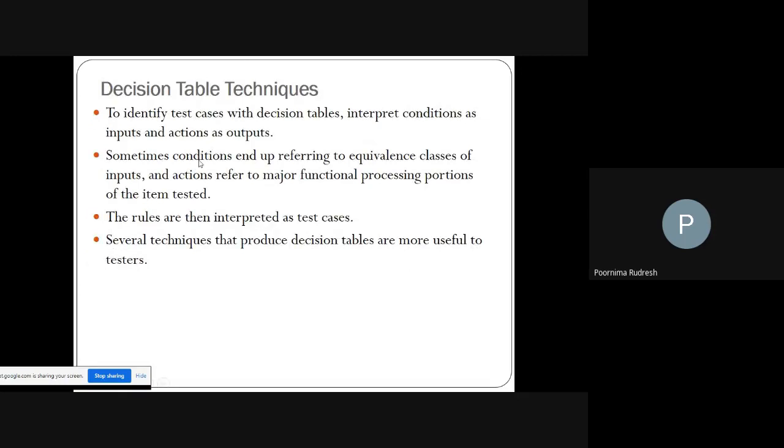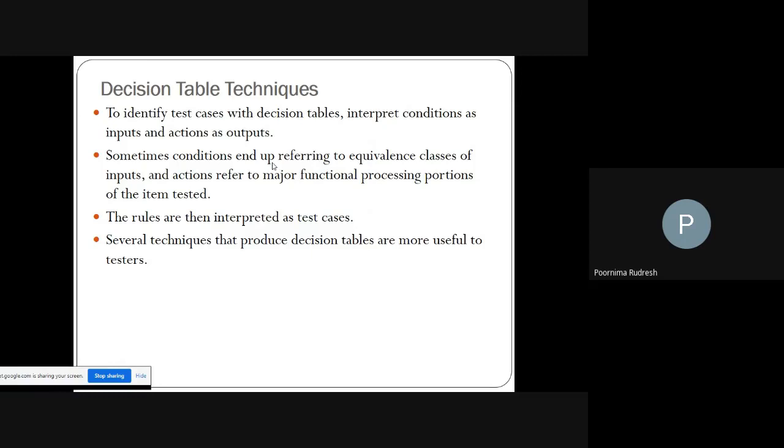Next, sometimes conditions end up referring to equivalence classes of inputs, and actions refer to the major functional processing portion of the item tested. In the decision table, the conditions refer to the equivalence classes of the inputs and the actions refer to the functional processing portion of the item that is tested.